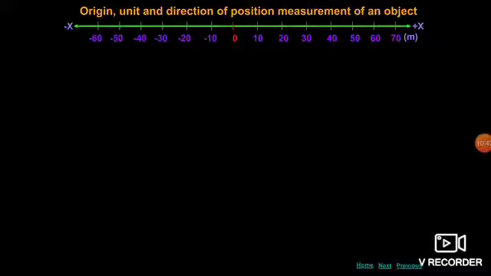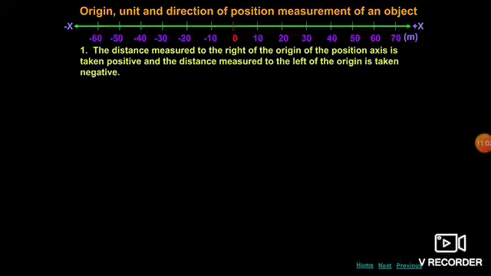Origin, unit and direction of position measurement of an object. Like this. You can see that there is one x-axis with positive x and negative x. There is one 0. On the right hand side it goes up to 70 in the positive direction, but on the left hand side they are all negative till minus 60.